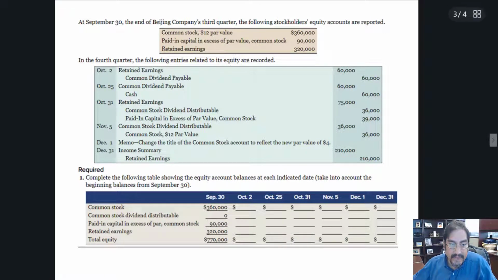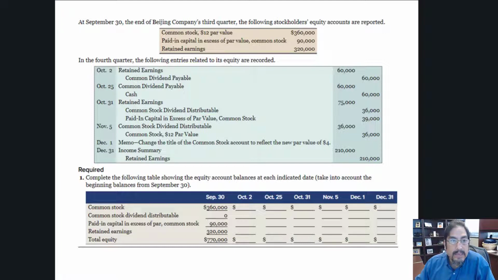Next, we've got Beijing Company. So at the end of the third quarter, we've got the following equity account balances: common stock, paid in capital, retained earnings. And then during the fourth quarter, here are the journal entries for some events that happened.